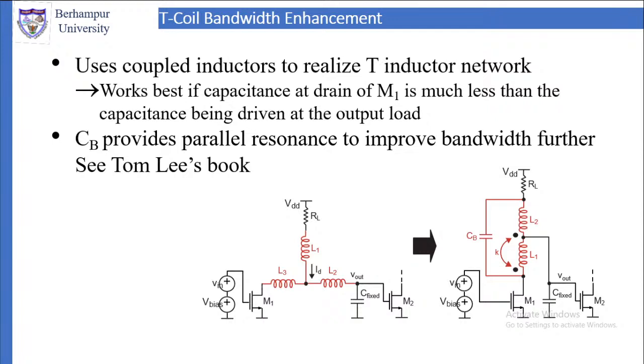Due to overlapping, you will get a net bandwidth which is more than the bandwidth of the amplifier as well as the bandwidth of the parallel LC resonator. So therefore, CB will provide a parallel resonance, and that resonance will improve the bandwidth further. Details you can see from the book that we have tested. It's in this book that you can see.